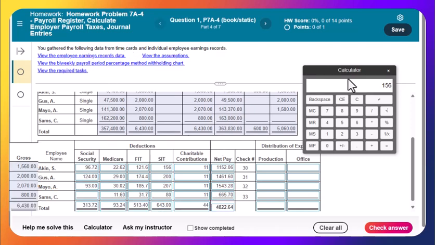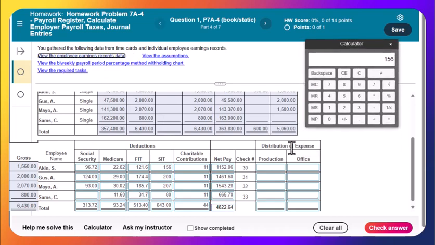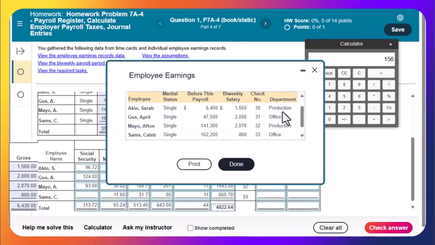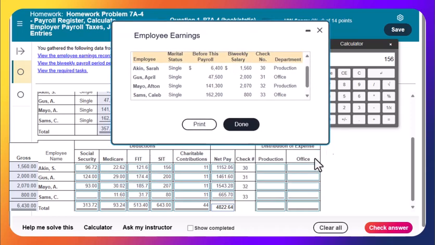And then here for the distribution of expense, we can go ahead and open the view the employer earnings records data, and we can see Aiken, here's production, so that 1560 will belong there for that gross pay. And then for office, for Gus, 2000.